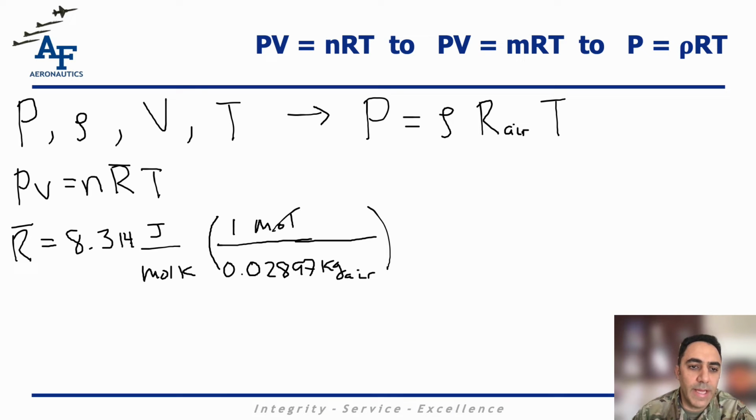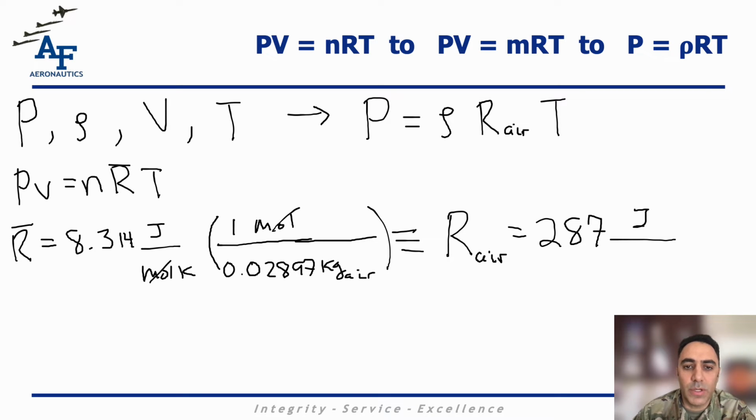Now the moles will cancel out. That's handy. And I'm going straight to kilograms. It's normally represented in grams, but for the sake of time here, I'm going to skip straight to the kilograms. Now this is going to be a new R. We define a new R for air now, which is equal to 287 joules per kilogram Kelvin.